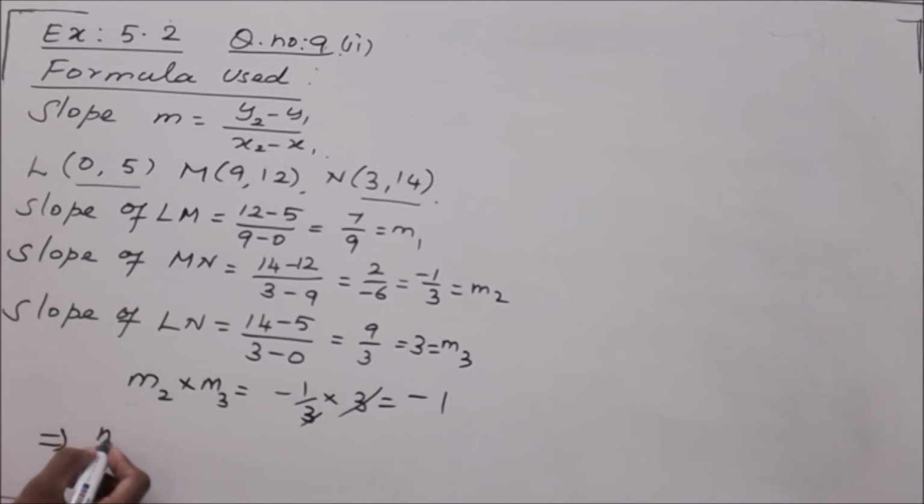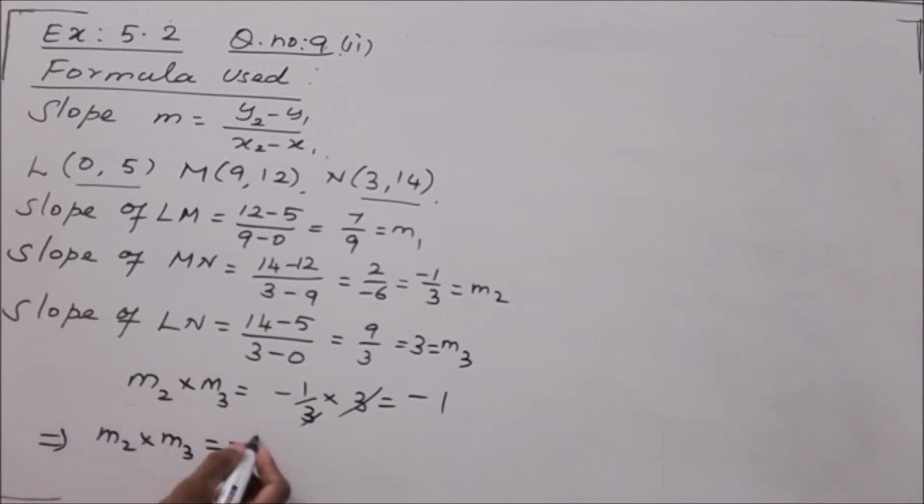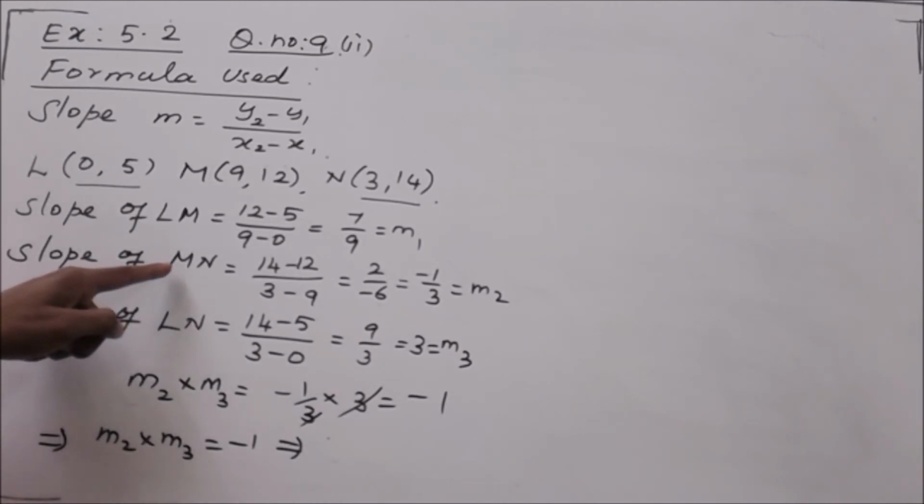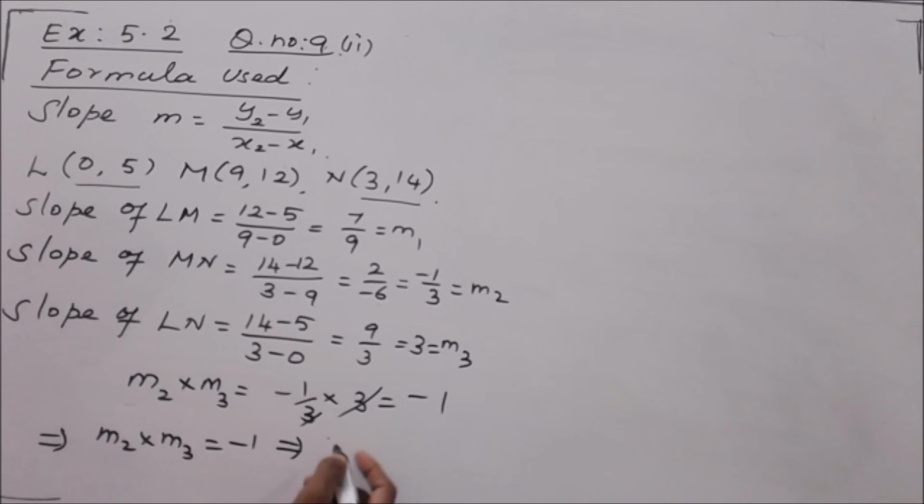This means m2 into m3 equals -1, which implies triangle LMN is a right angle triangle, because the product of the slopes is equal to -1. The sides containing the 90 degree angle, therefore LMN is a right angle triangle. The vertex that appears in both is N, which implies angle N equals 90 degrees.